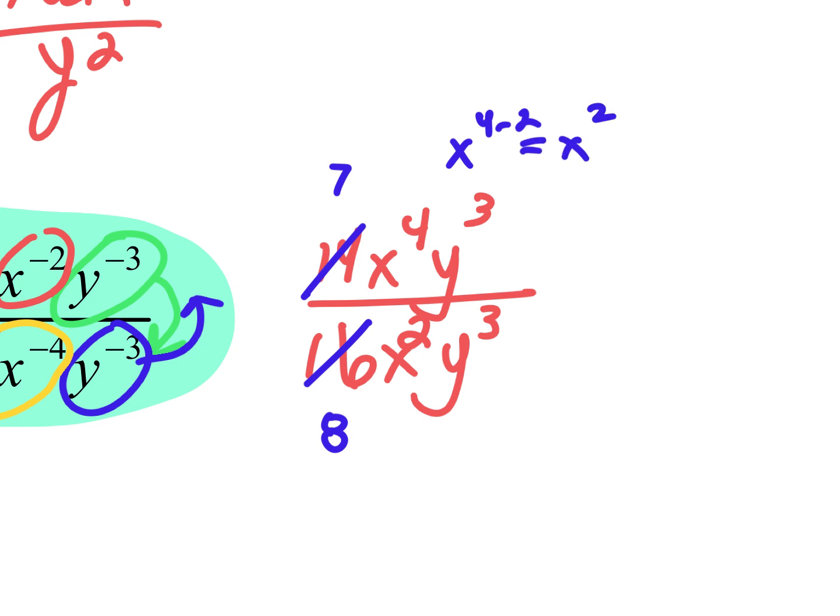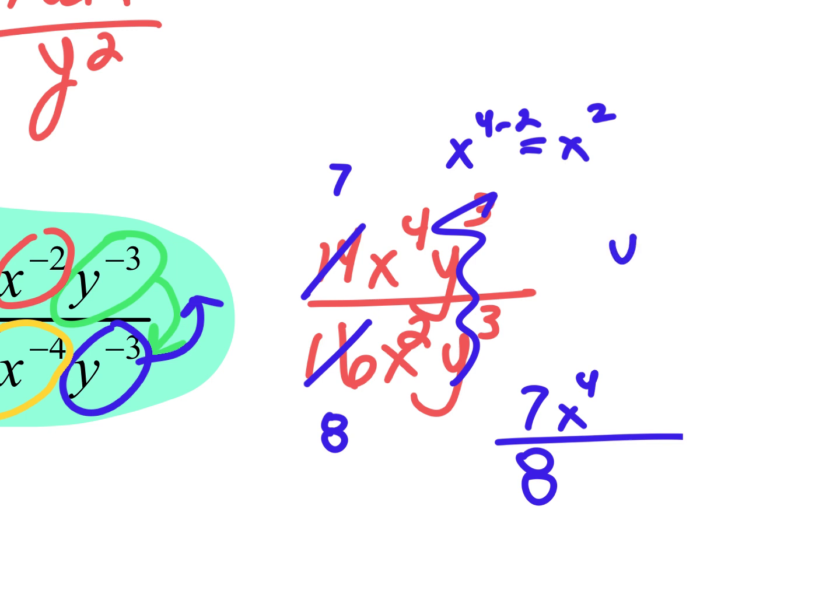X squared, okay. So I have 7 over 8. Where is the x squared? On top, good. And then I have y to the 3rd divided by y to the 3rd. What happens there? They just cancel. If I say y to the 3 minus 3 and get 0, you get y to the 0 power. That's just 1. You could write y to the 0, but you cannot write just y.